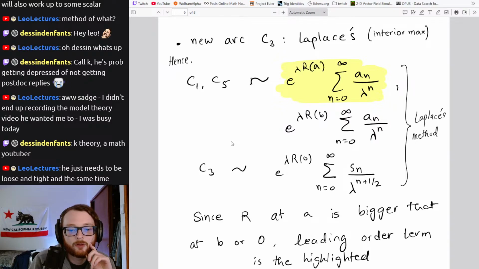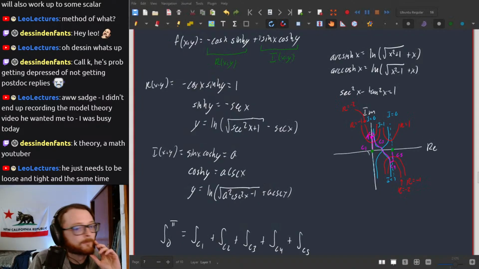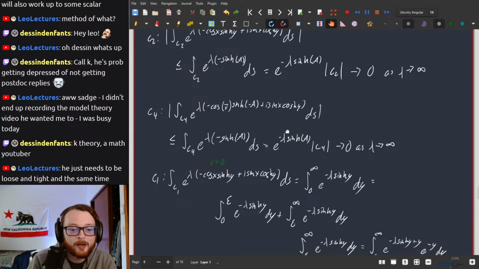So on C3, we need to do Laplace's method, but with an interior maximum, is the moral of the story. We need to figure out how to set up this integral.